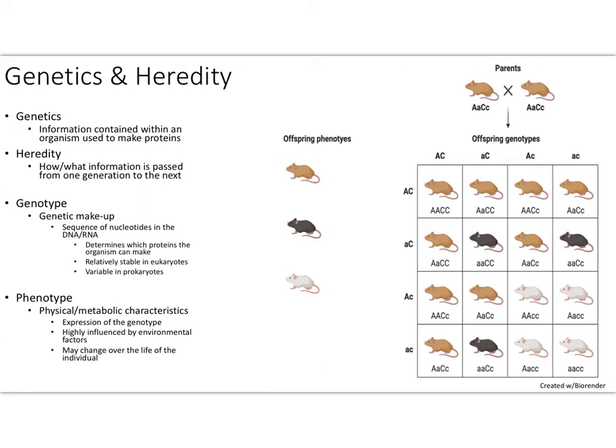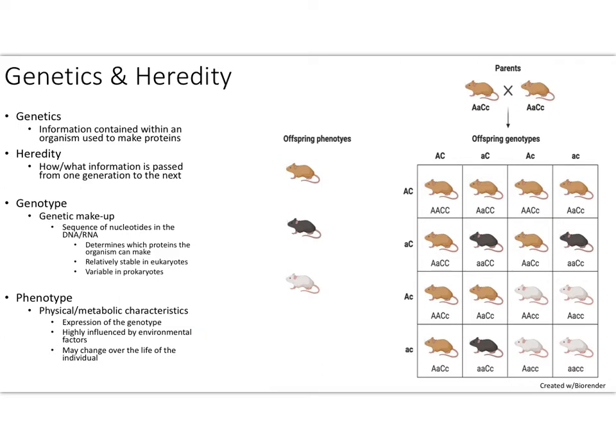However, if it doesn't have a lot of light, then that will cause that part of the genotype, for the yellow protein, to be expressed. Basically, that protein will be made, and that organism may look yellow. So the big overall concept is that the phenotype, how an organism looks, or what types of metabolism it is carrying out at that moment in time, is, or at least can be, very dependent upon environmental factors.